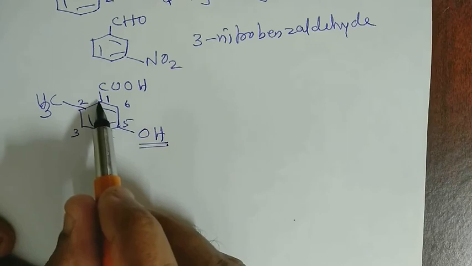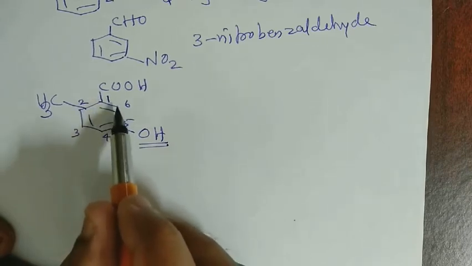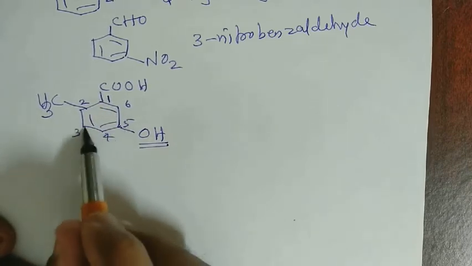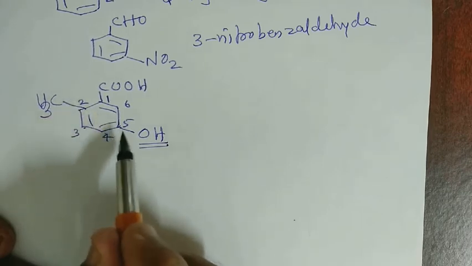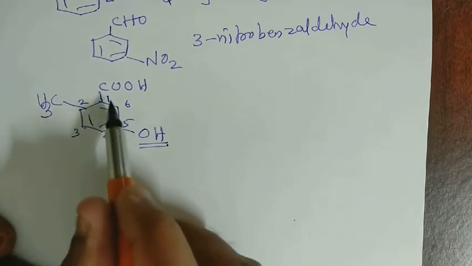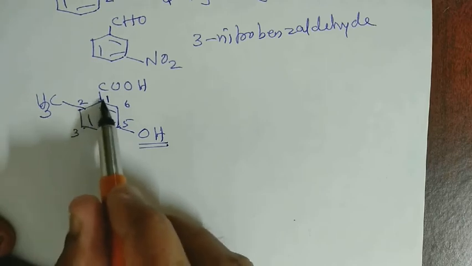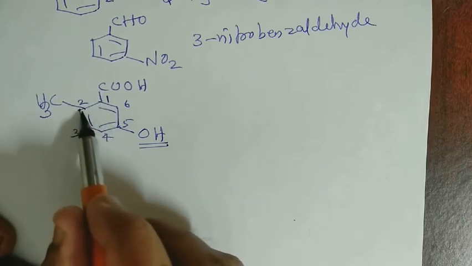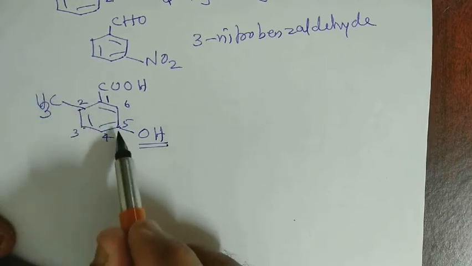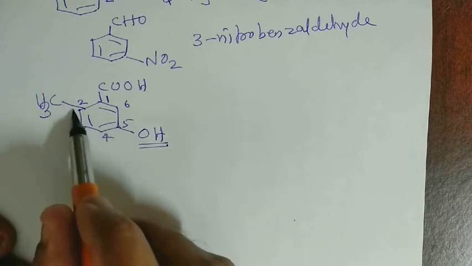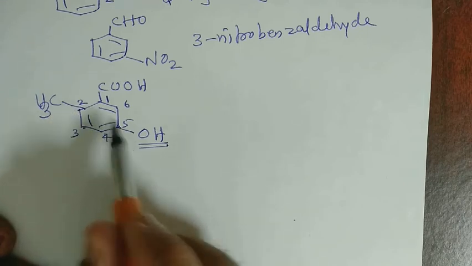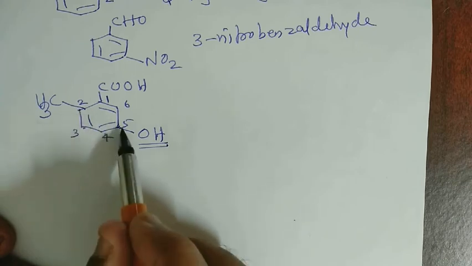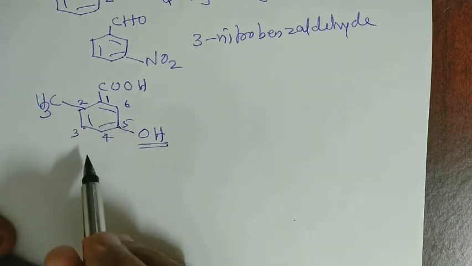If we number in this clockwise direction 1, 2, 3, 4, 5, 6, the locants will be 3 and 6. If we number like this, in the anti-clockwise direction, the locants are at positions 2 and 5. Branches are at positions 2 and 5. Therefore, we get the lowest set of locants, 2 and 5.